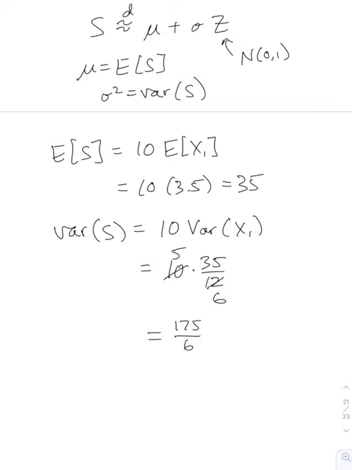Okay. So 35 is my mu, and this is my sigma squared. All right. So S has approximately the same distribution as 35 plus the square root of 175 over 6 times the standard normal.